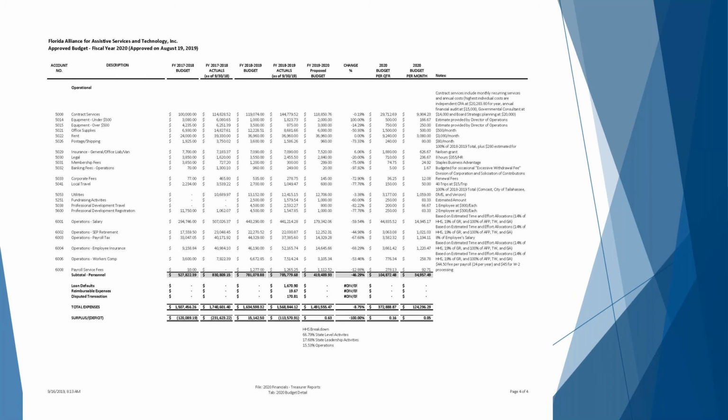We also include our office equipment anytime we buy office equipment, which would be different than our assistive technology equipment. Any supplies, rent, shipping, those sorts of things are here as well. And then our operational salaries, which are based off of the allocation, which you can see in the notes section, of which percent goes to HHS, GR, AFP, telework, and GA.